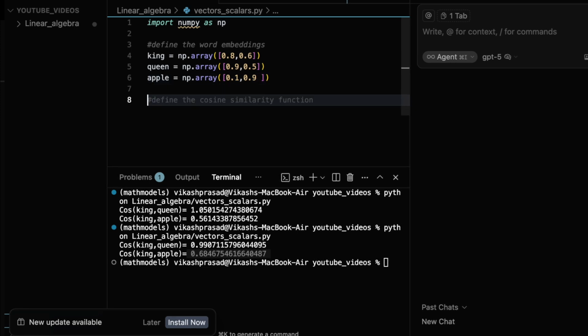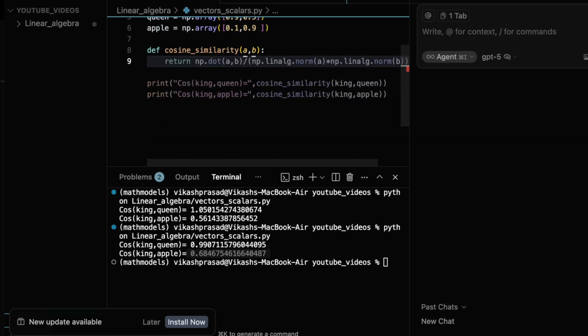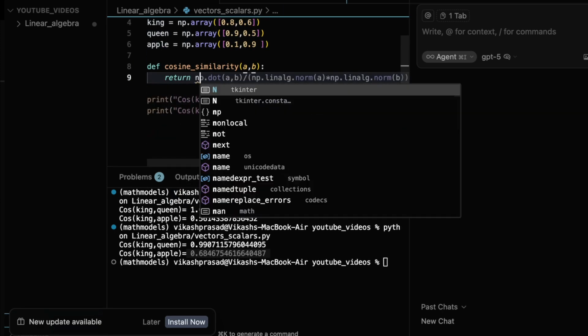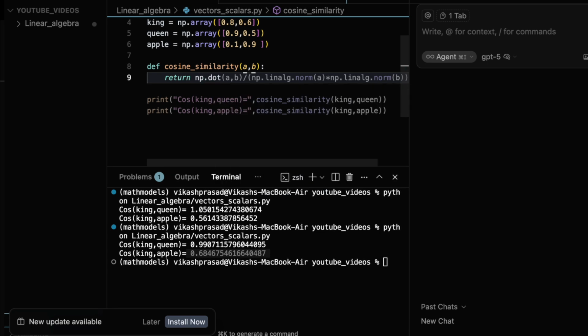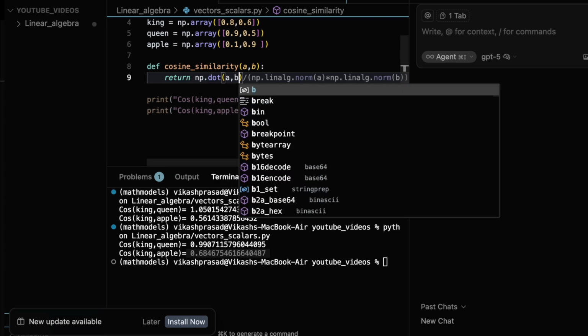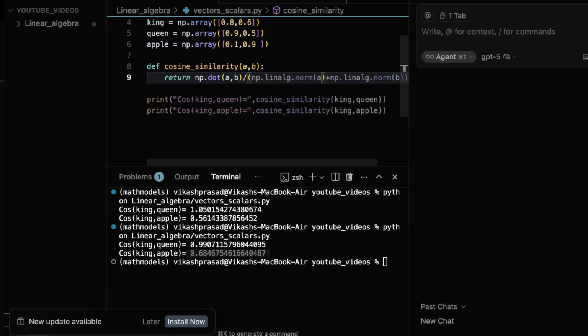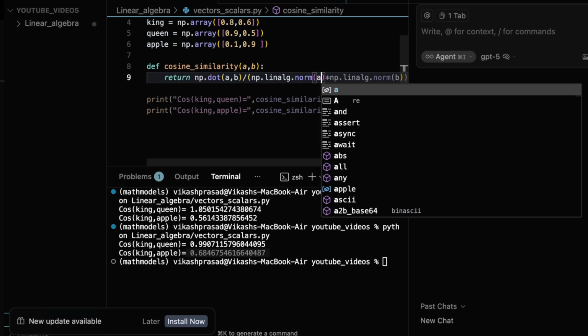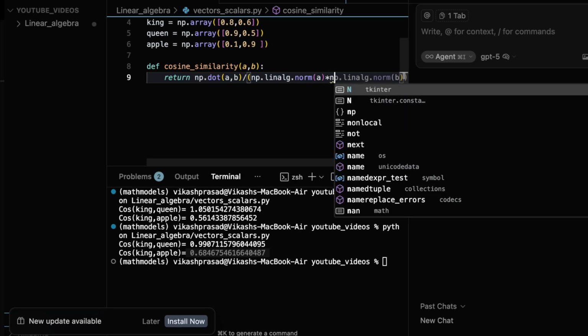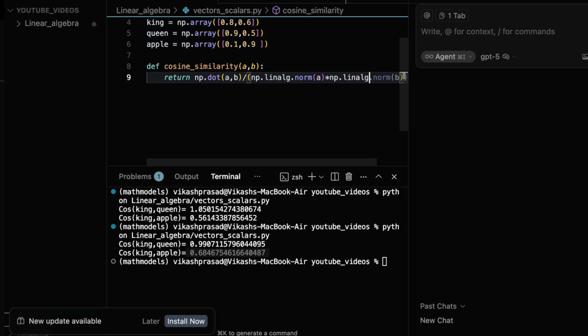Let's also define the cosine similarity function. You can see here it returns np dot product of a comma b, divided by np dot linalg dot norm of a times np dot linalg dot norm of b, and you have it here.